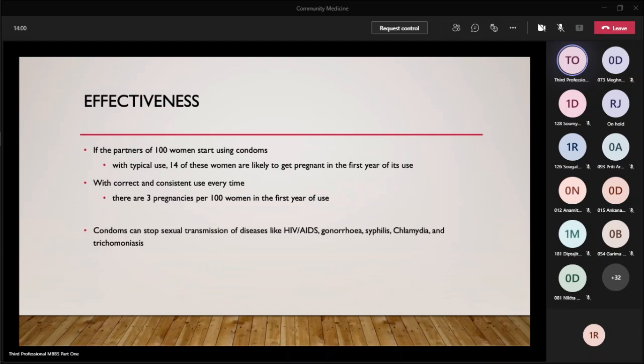Regarding effectiveness, if 100 women start using condoms with typical use, 14 of these women are likely to get pregnant in the first year of its use. With correct and consistent use every time, there are 3 pregnancies per 100 women in the first year of its use. Condoms can prevent sexually transmitted diseases like HIV, gonorrhea, syphilis.